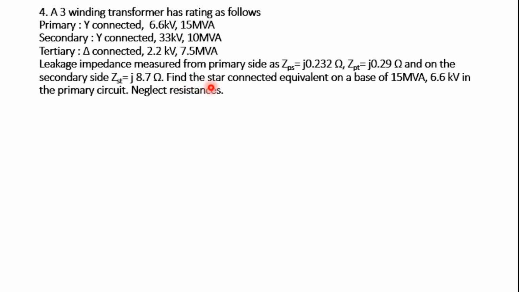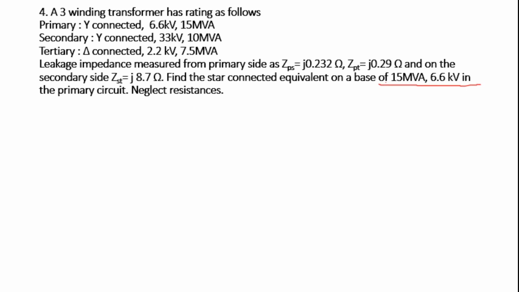So we have to find the star connected equivalent on a base of 15 MVA, 6.6 kV in the primary circuit, neglecting resistances. So you have to see here, whatever these values are, they are referred to their own base, but here the new bases are not the same.